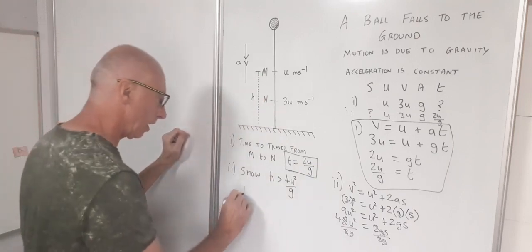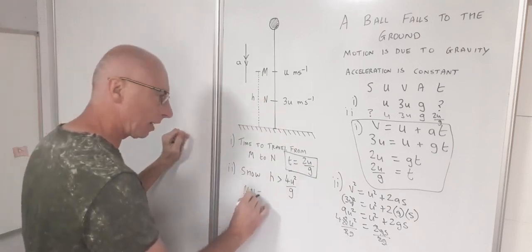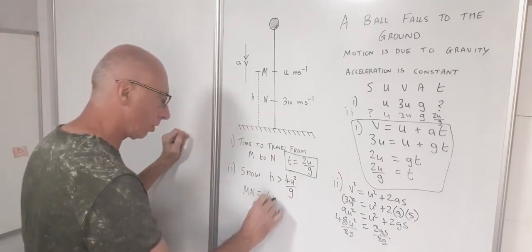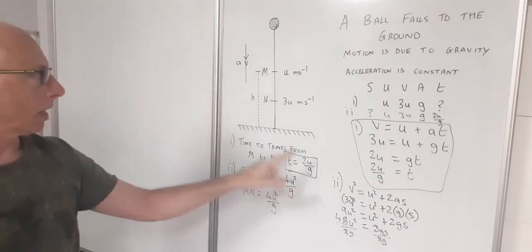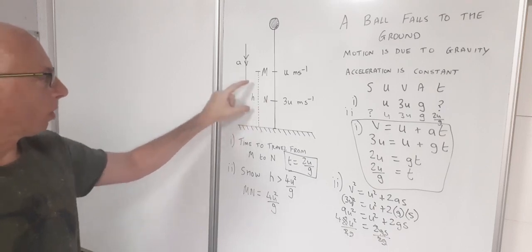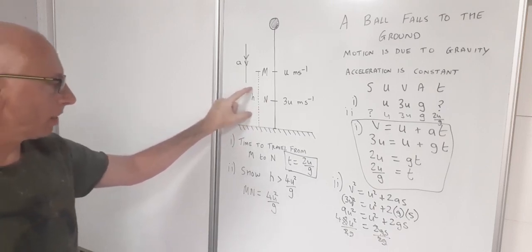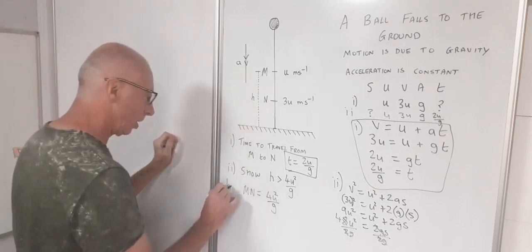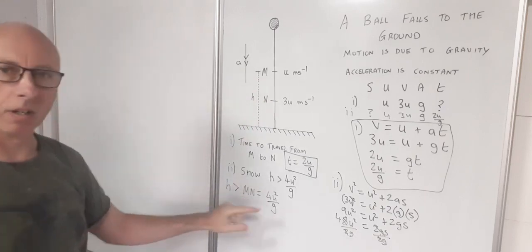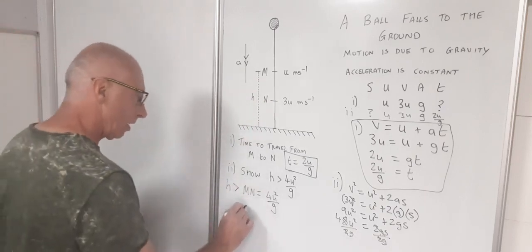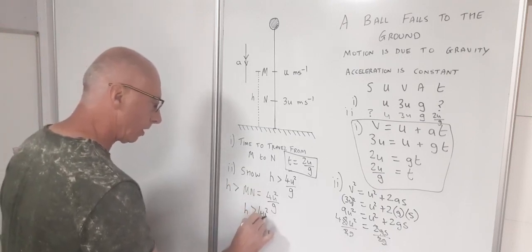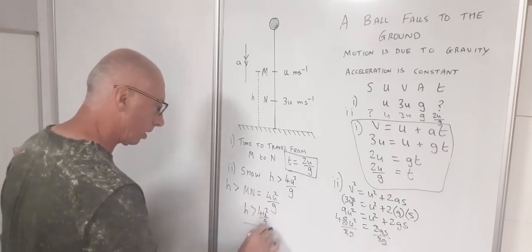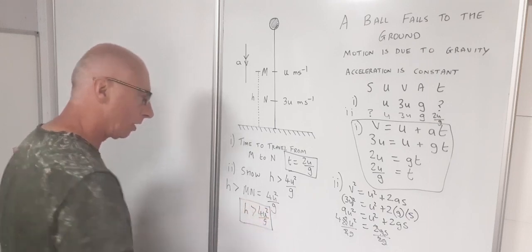If I write here, MN equals 4u squared over g. That's the displacement from there. But we want h, and we know h is bigger than that. So h is greater than MN, which is 4u squared over g. So therefore h is greater than 4u squared over g. And that takes care of that.